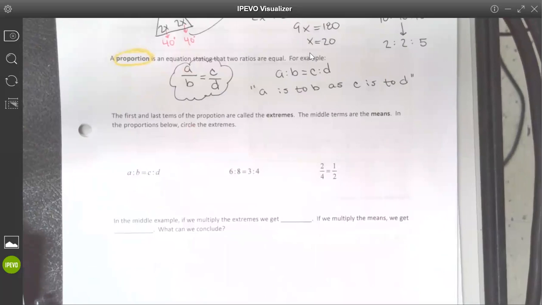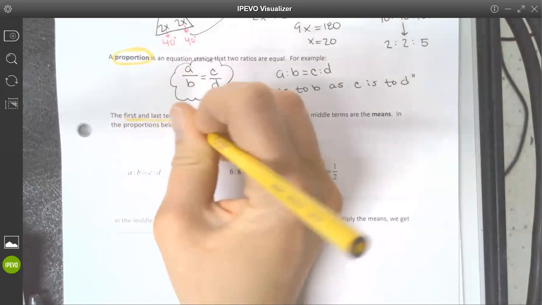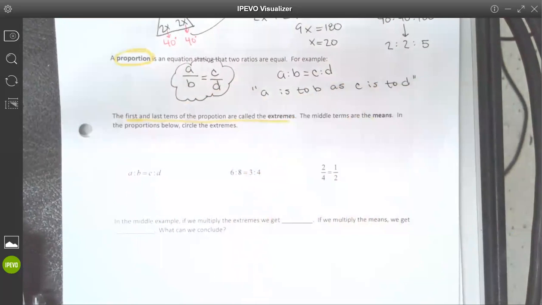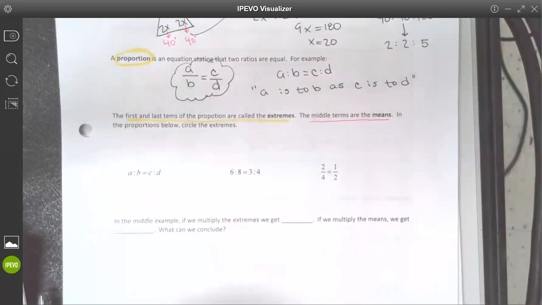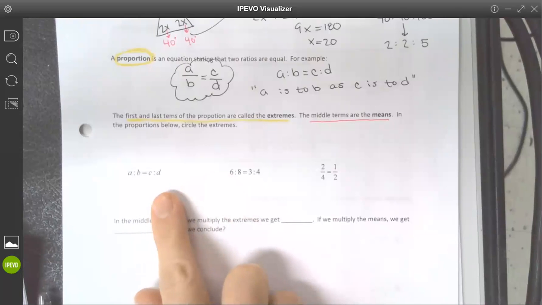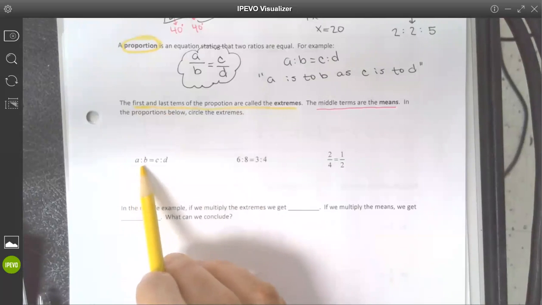In my proportion, I have things called extremes and means. The extremes are the first and last terms of the proportion. Those are my extremes. My means are the middle terms in the proportion. So on that first example, which looks like what we have up above, A to B, C to D, what are my extremes?